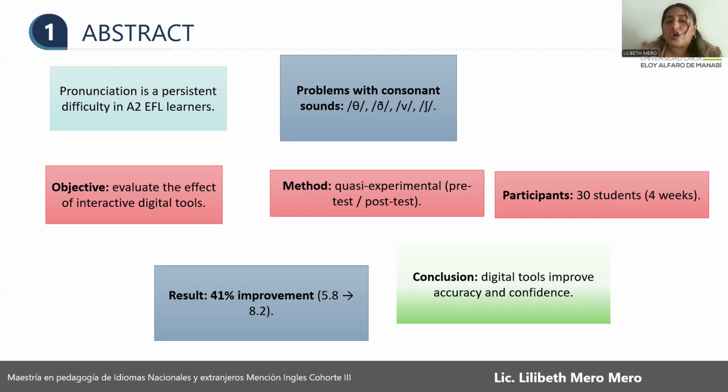The main results showed a 41% improvement, with mean scores increasing from 5.8 to 8.2, and concluded that interactive digital tools not only improve pronunciation acquisition but also increase student confidence when speaking English.